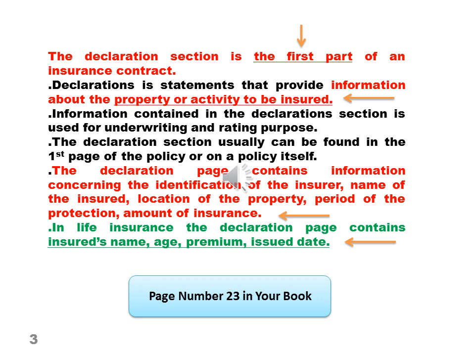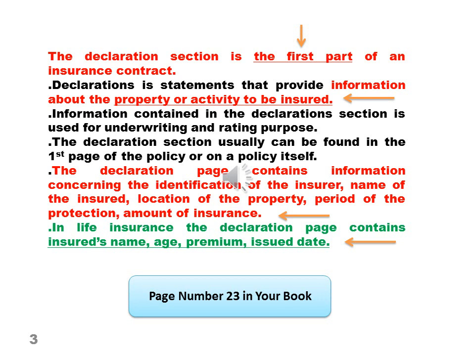But in life insurance, the declaration part contains the insured's name, the age of the insured person, not the age of the insurer. You must notice that.